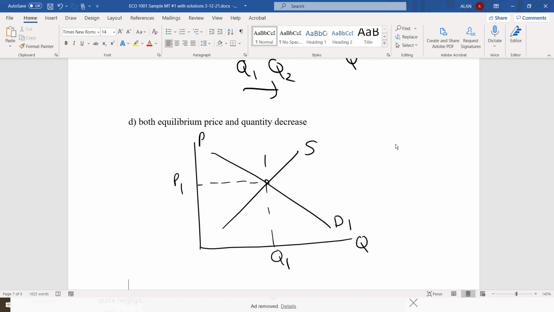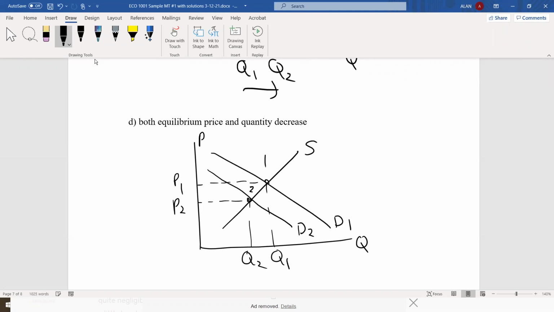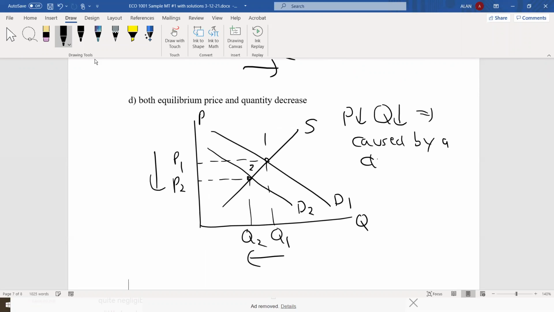So if we do shift the demand curve to the left, you can see, yeah, both of them go down. All right, yes, they both went down. And this was caused by a decrease in demand. And so those are done.